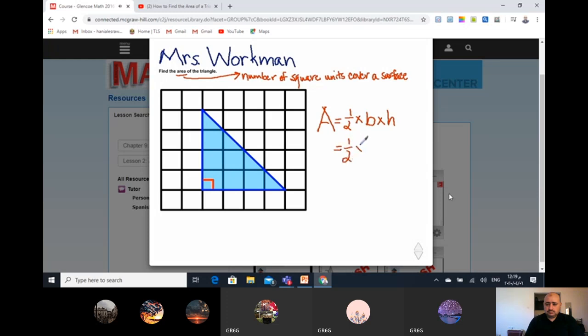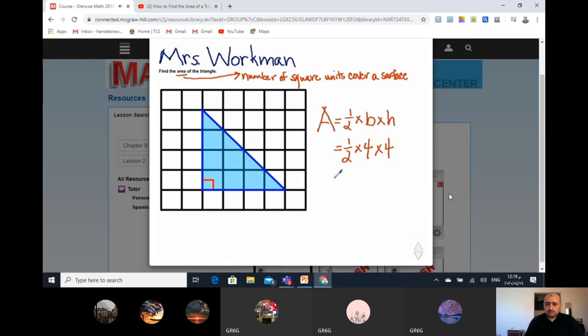I'm going to go back to the diagram, and I notice that the base is 1, 2, 3, 4 units long. The height is 1, 2, 3, 4 units long.